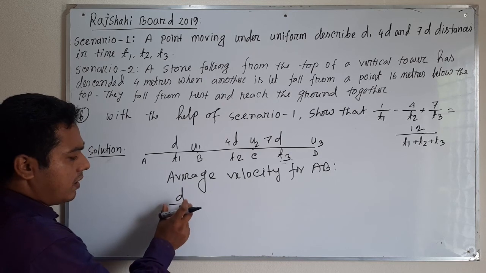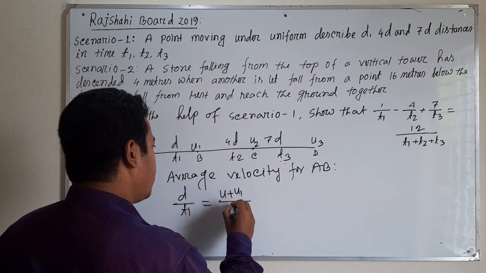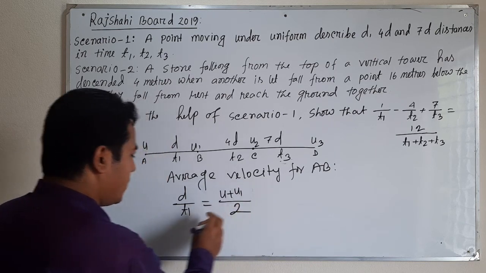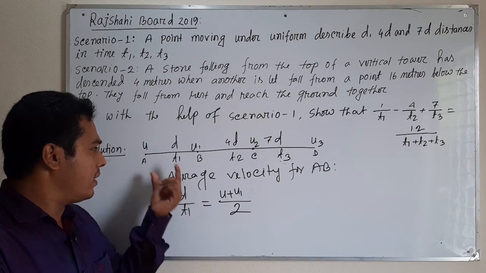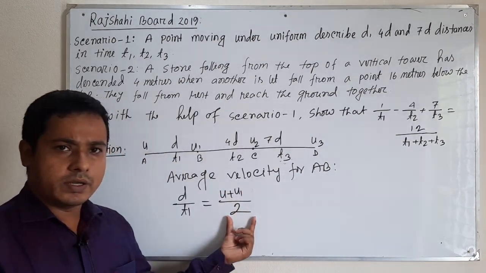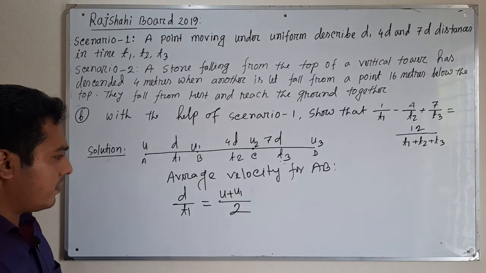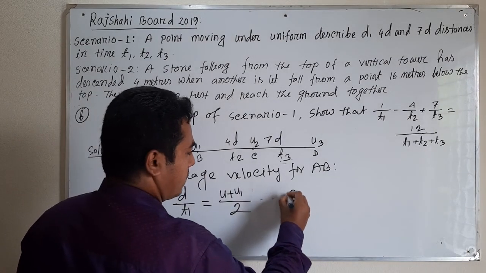This is the average velocity: distance divided by time is U plus U1 divided by 2. This is equation number 1.